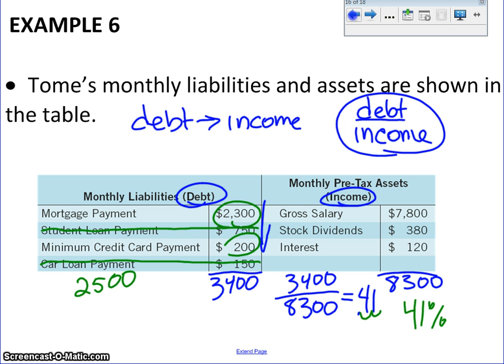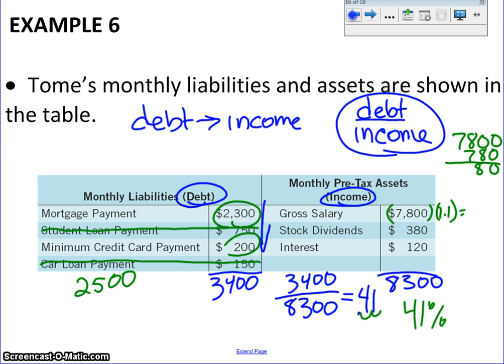Over here, we're looking at an increase in his salary of 10%. So if I multiply that by 1.1, which is the 100% is the 1, 0.1 is the 10%, his income is now going to be $7,800 plus 10% of that, which is $780.